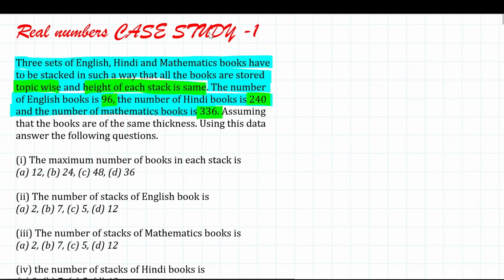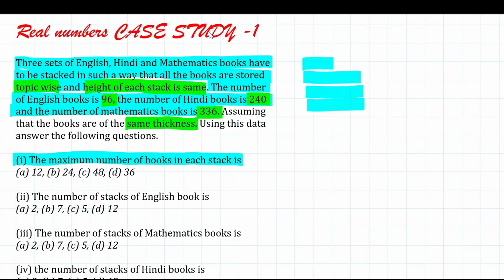Now, if I read the question, it says you should keep in mind that all books are of the same thickness, that's mentioned. The first part here is the maximum number of books that can be present in each stack. So let's say this is one such book. If I arrange one over the another like this, do not count their numbers.